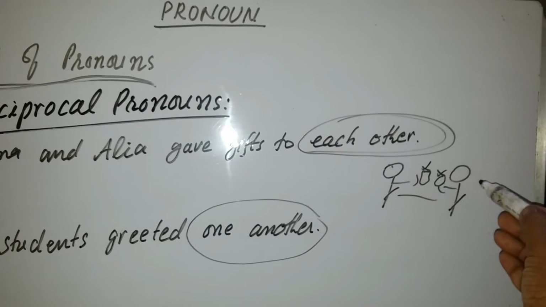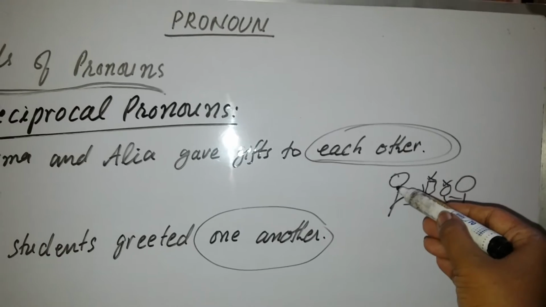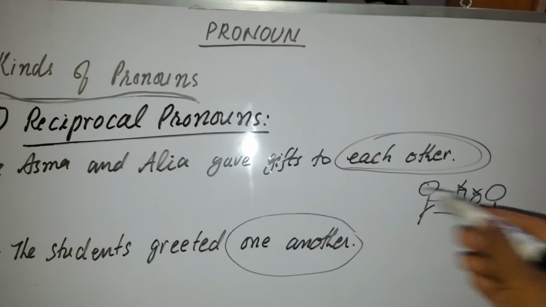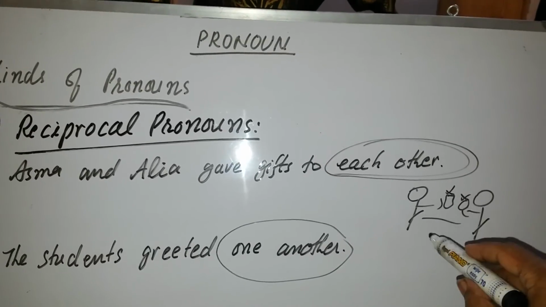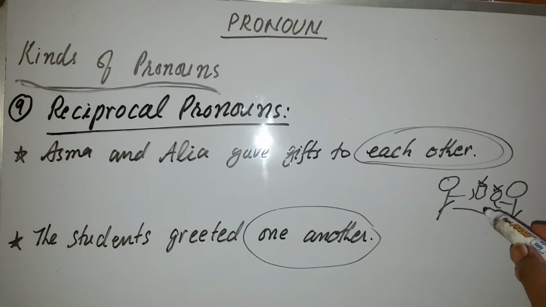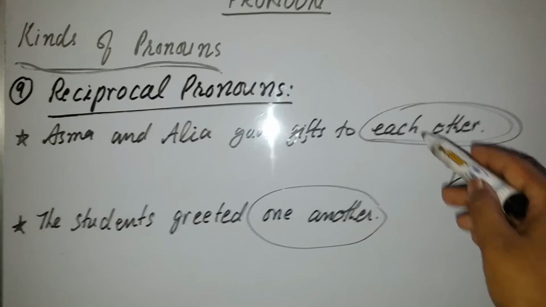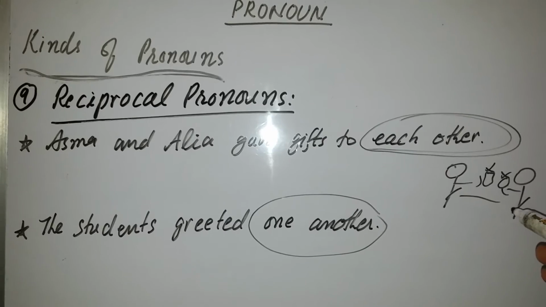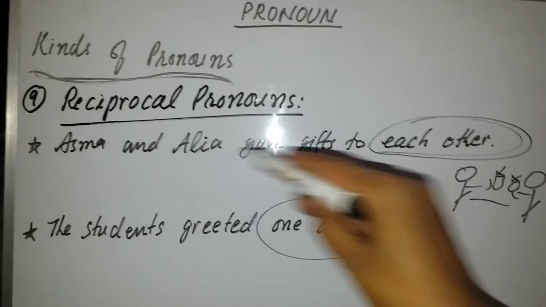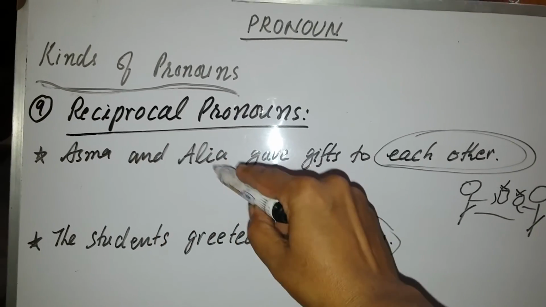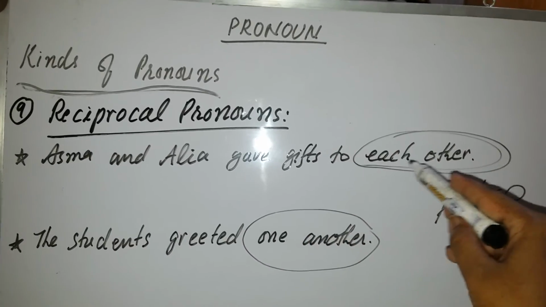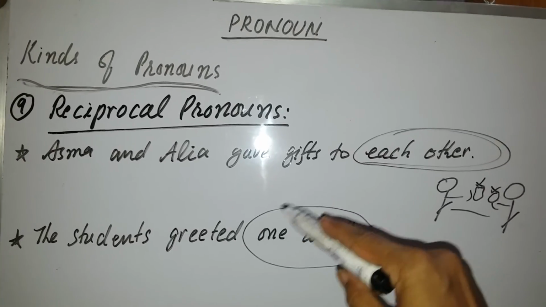She is giving a gift to her and also she is receiving a gift from her. That's why the action is done and received by both subjects. That's why we will use each other as a pronoun. Instead of using the nouns Asma and Alia once again, we have used each other, meaning Asma and Alia.